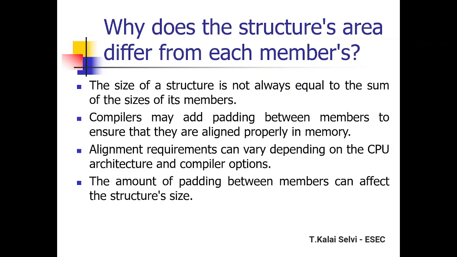The amount of padding between members can affect the structure size. So because of these reasons, we have a different size for individual data members of the structure and for the whole structure. So remember that the size of the structure is not always equal to the sum of the sizes of its data members.